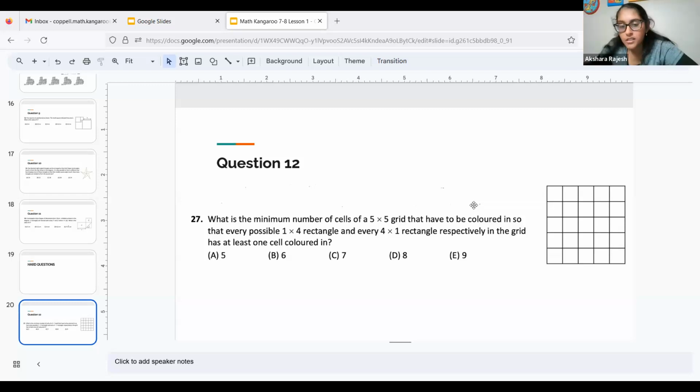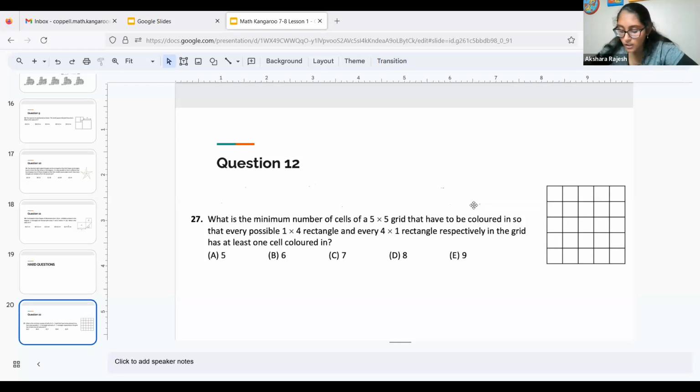Okay, so first what I did was multiply 5 by 5, which is 25. And then 1 times 4 is 4. So if you divide 25 by 4, you get 6 and 1/4. And it says each 4 by 1 rectangle has to have at least one cell colored in.